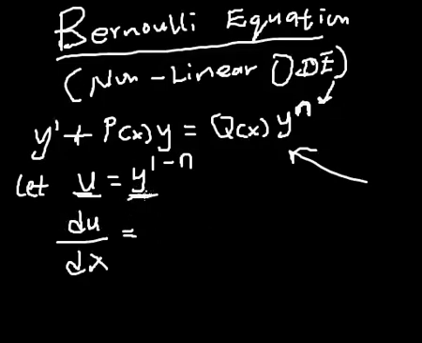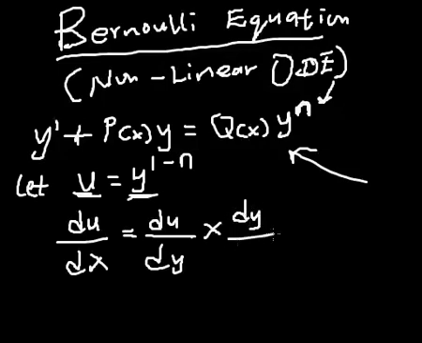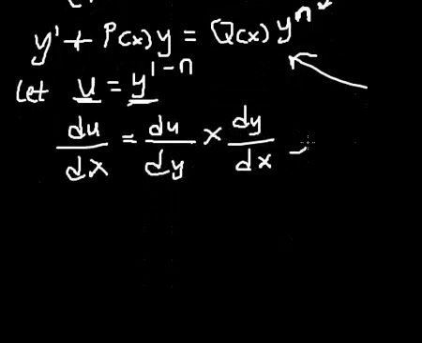Differentiating a function of y with respect to x is differentiating that function with respect to y, then multiplying by differentiating y with respect to x. This is the chain rule. Why? Because if I go through the process, the dy cancels the dy, and I still have du over dx. That's exactly what is going to happen here, so this is the only way I can differentiate this with respect to x.